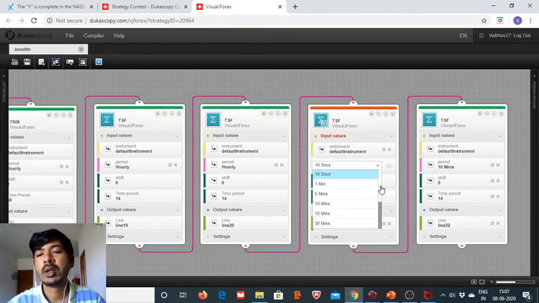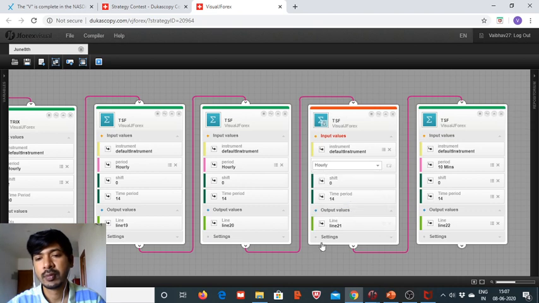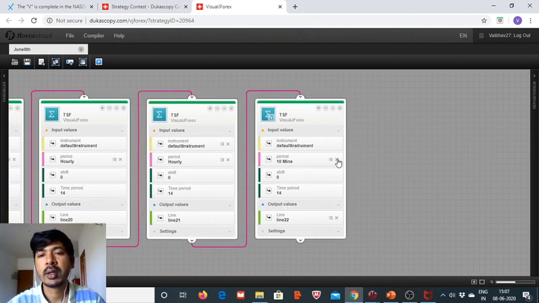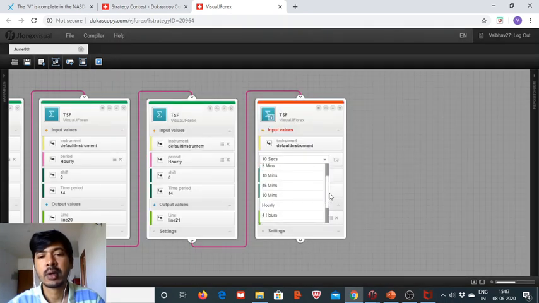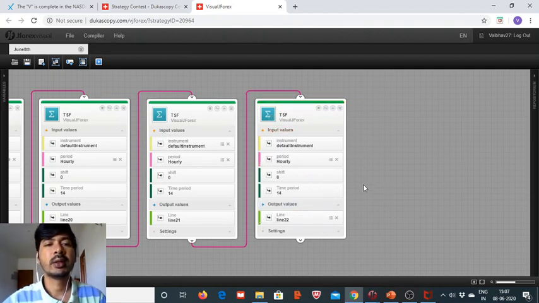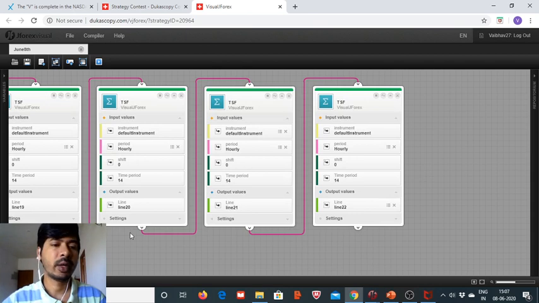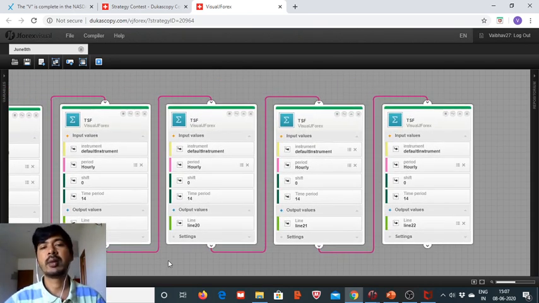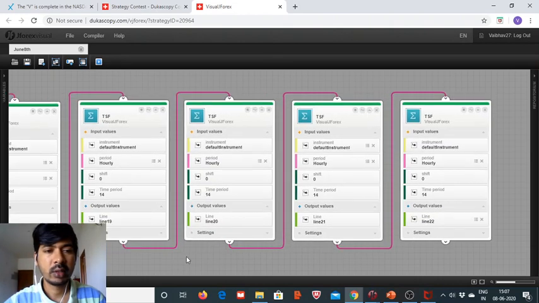So this will now become hourly, and here comes hourly again. So all these TSF parameters have been defined to do the calculation after each hour's candle close.